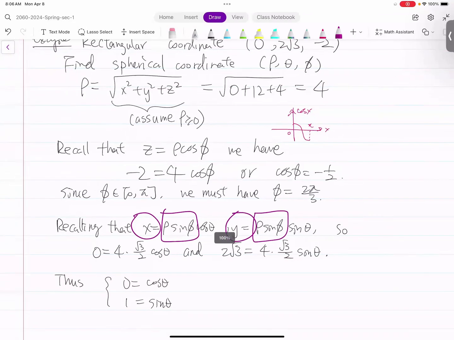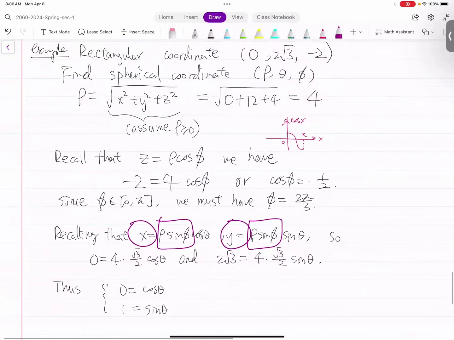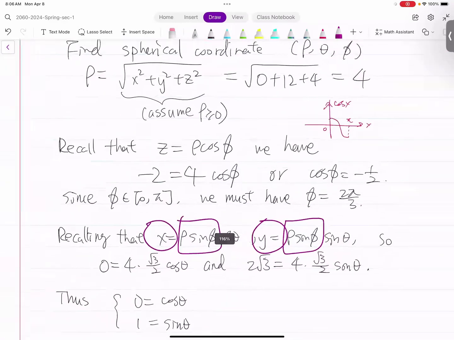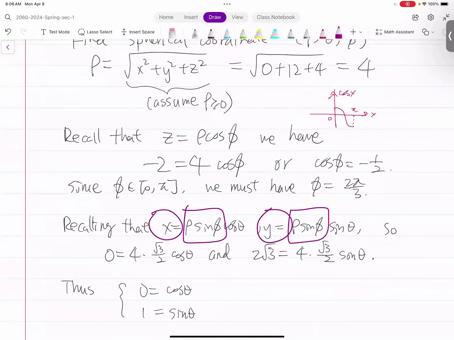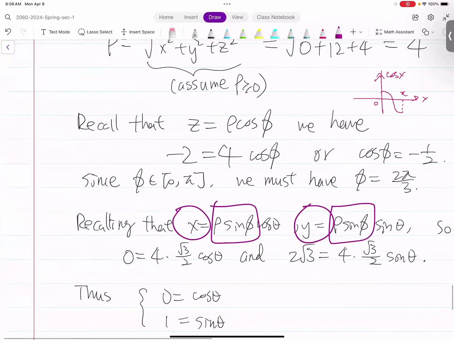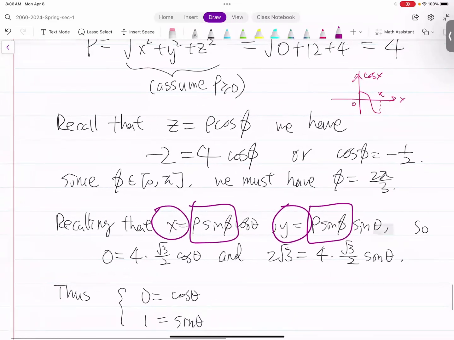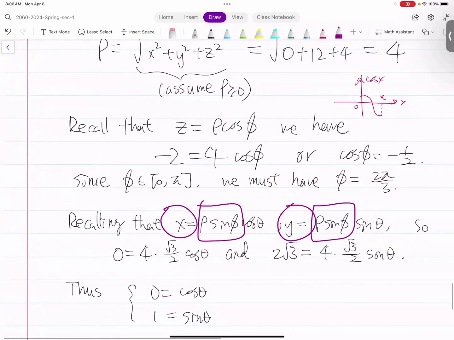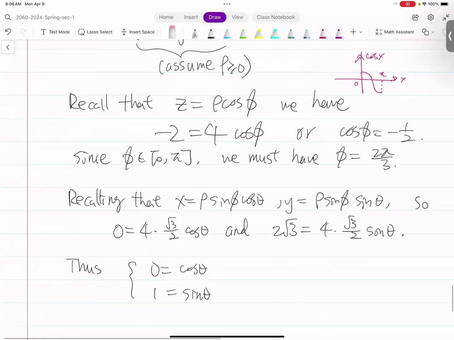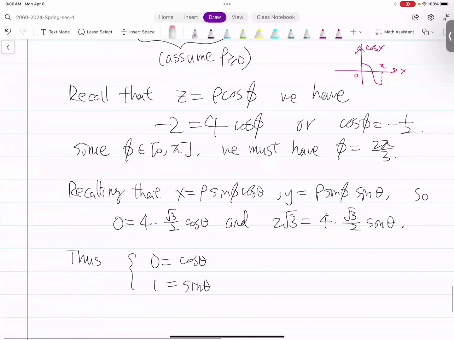So these are the lines that I wrote from last time. Here, we're able to calculate that cosine of theta now must be 0 and sine of theta must be 1. So this is within the xy plane.